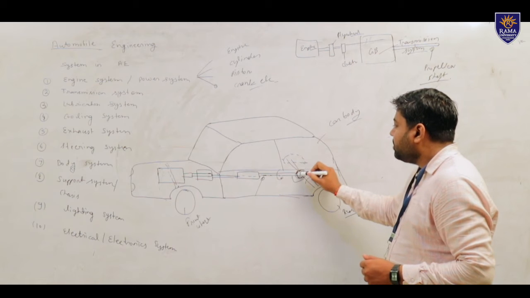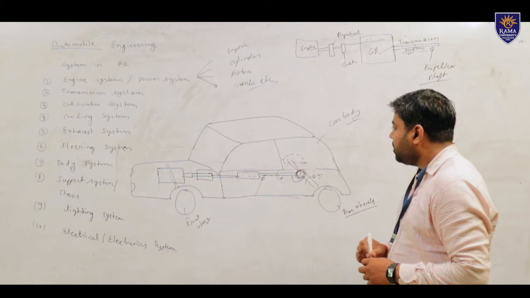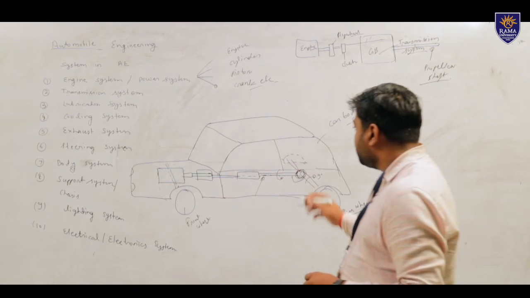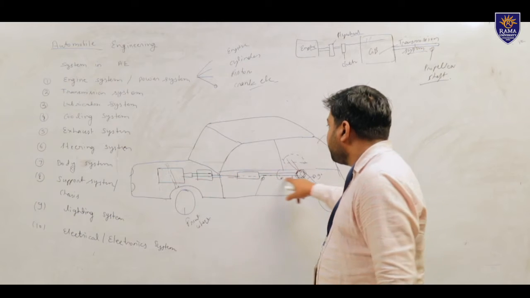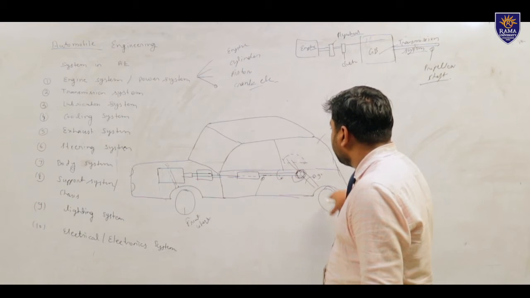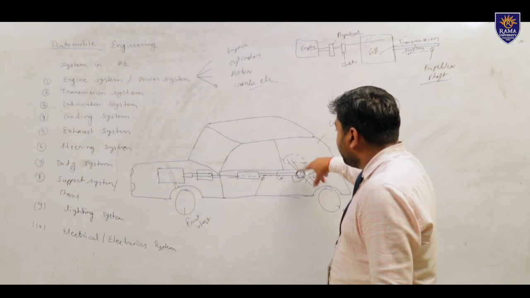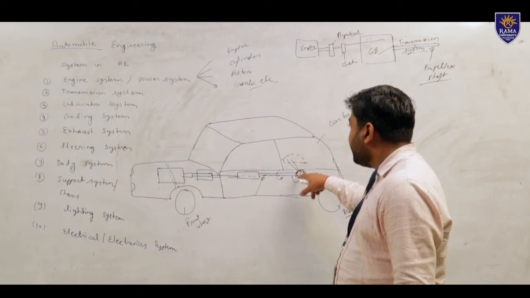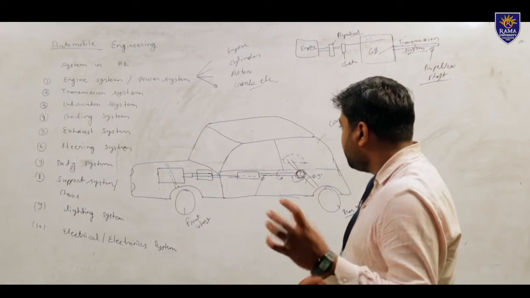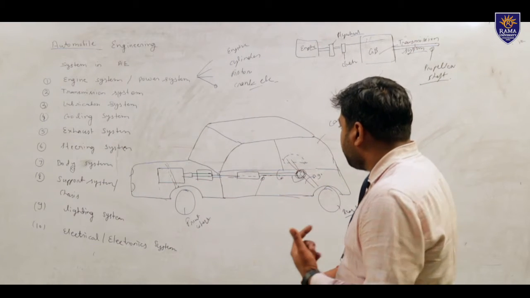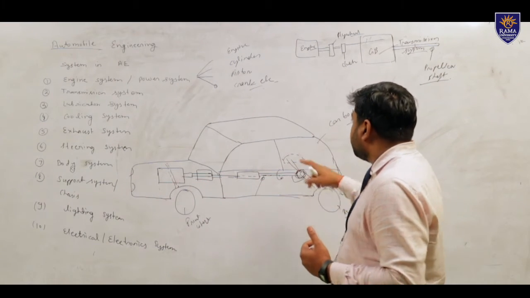So the differential has different types of gears, and it is an important thing. That means the propeller shaft is in the longitudinal direction and the rear axle is in the perpendicular direction. So the differential acts to change the motion from the longitudinal direction to the perpendicular direction.